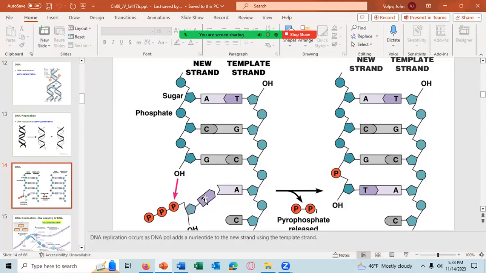And then the T will hydrogen bond with the A. Any question about any of that? So there it's being added, and the 2 phosphates are being broken off, and then the T is added with the phosphate sugar being the backbone of the DNA. Any question about any of that?